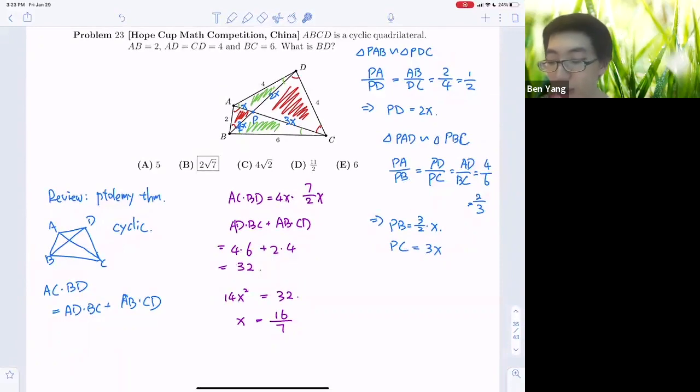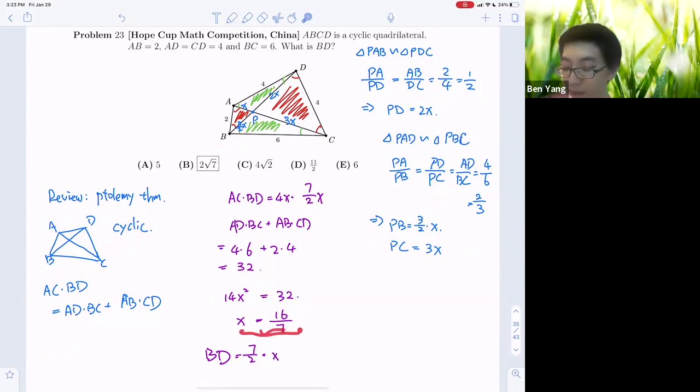Now we can compute the length of BD. So BD is 7/2 times x. We need to take the square root of 16/7.